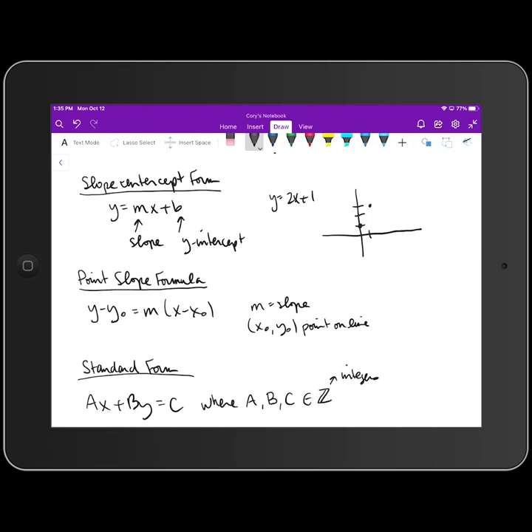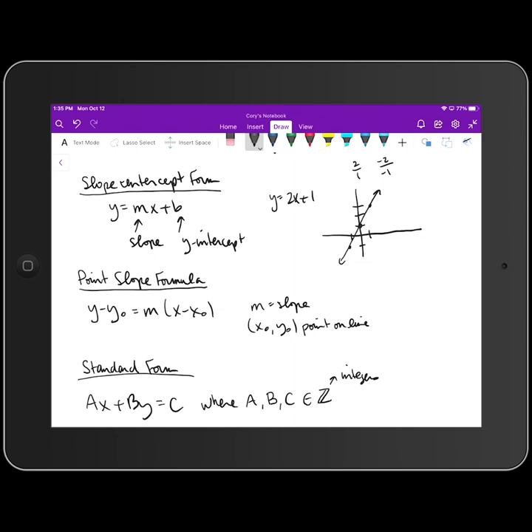Or the other way you can think of the slope being 2 is to go down 2 units and run to the left 1 unit. So you can write the slope of 2 as 2 over 1, or you can also write it as negative 2 over negative 1. Both of those are going to give you a slope of 2. So the equation of that line is going to look like so.